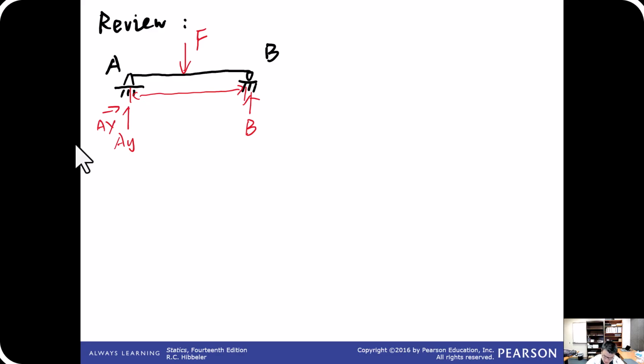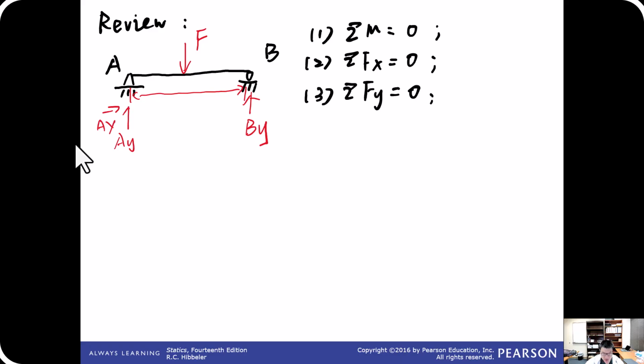By using the three equations of equilibrium we discussed before, which are sum of moments about any point equals 0, sum of Fx equals 0, and sum of Fy equals 0, you should be able to solve for the resultant reactions from the supports very easily.